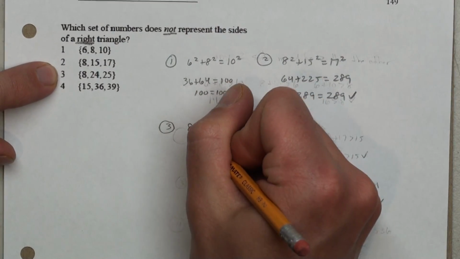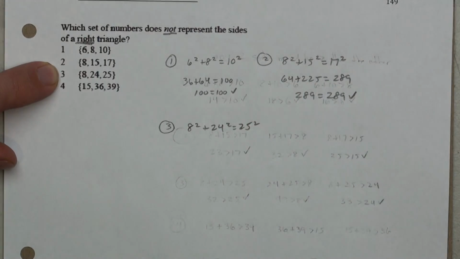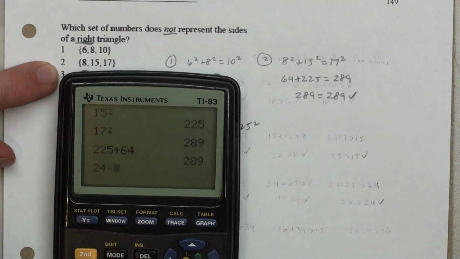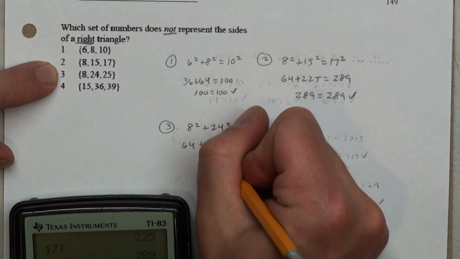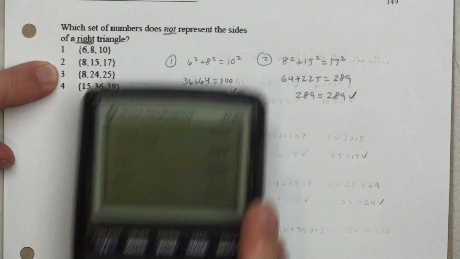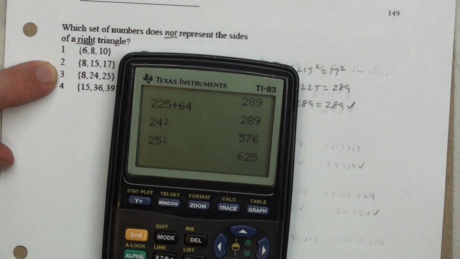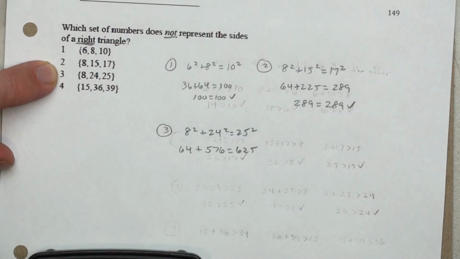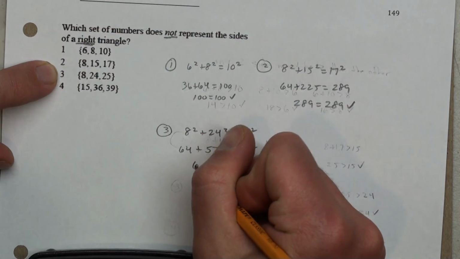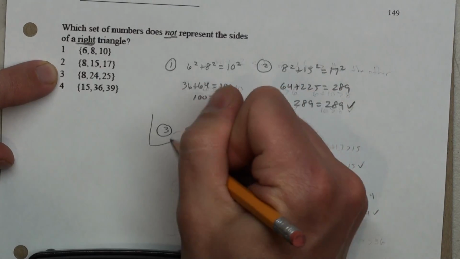Then we have 8 squared plus 24 squared equals 25 squared. 64 plus 576 equals 625. 64 plus 576, 640 does not equal 625, so it's choice 3.